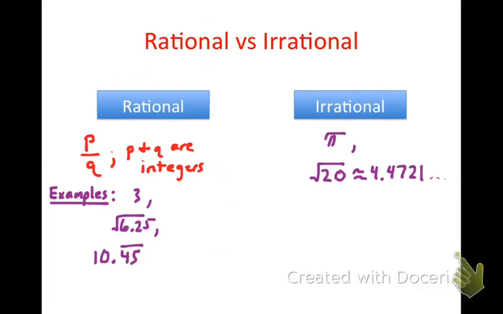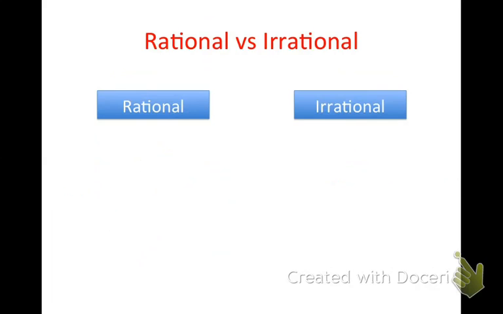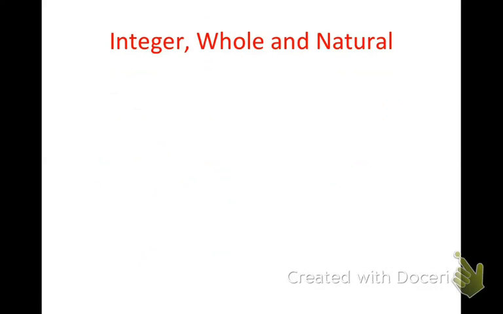Ask me in class, I can show you how you write that as a fraction, because it is possible to take any repeating decimal and to write it as a fraction. That's beyond the scope of this video. But just know that repeating decimal patterns you can write as fractions. Those are rational. So you kind of get the idea of what an irrational number is versus a rational number. Great. Let's go on and talk now about whole numbers, integer numbers, and natural numbers.